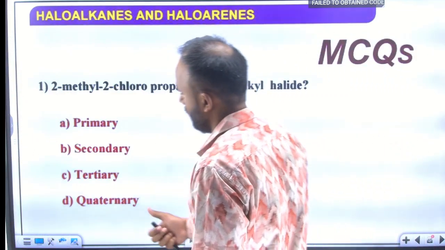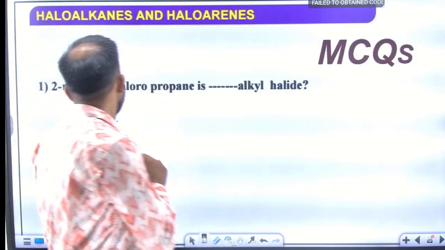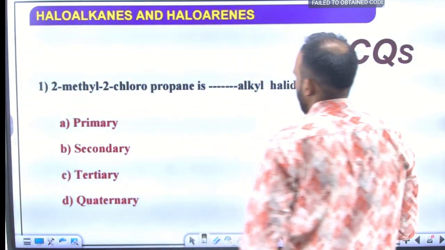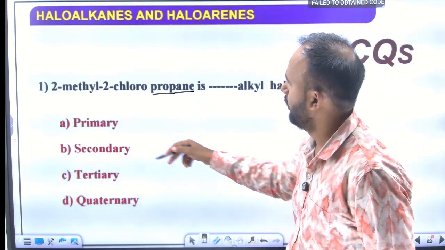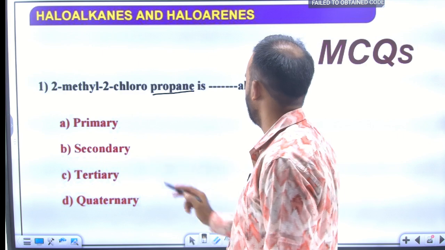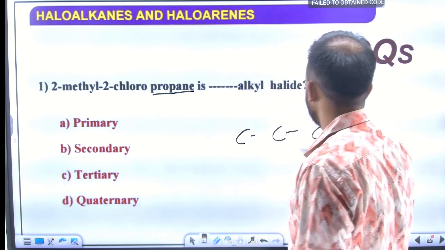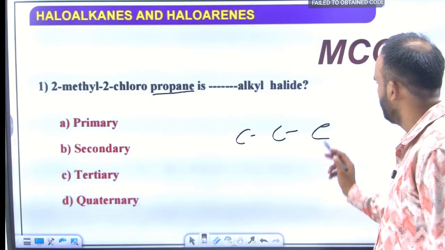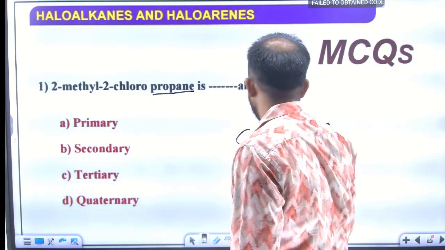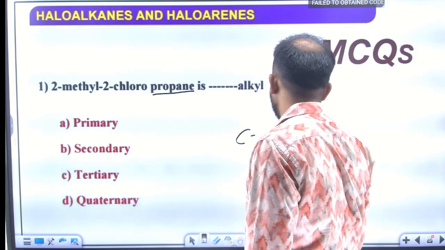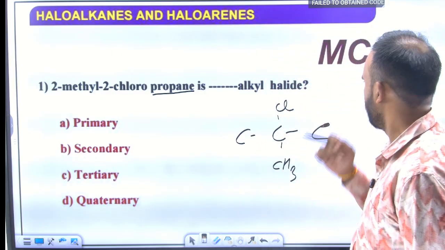Next, some MCQs. First, 2-methyl-2-chloropropane, an alkyl halide. We have to find out its type, so how will we draw the structure? Propane means we have to draw 3 carbon atoms. In the second position, 2-methyl: a methyl group is attached here and a chlorine is attached here.